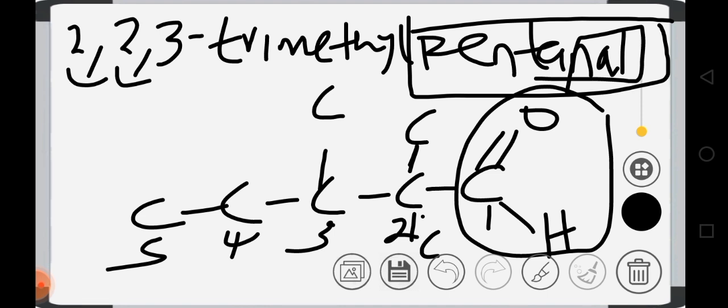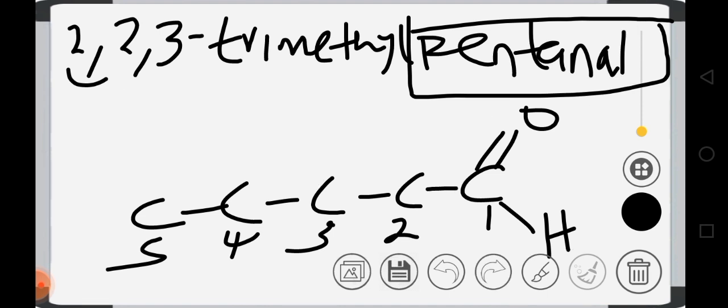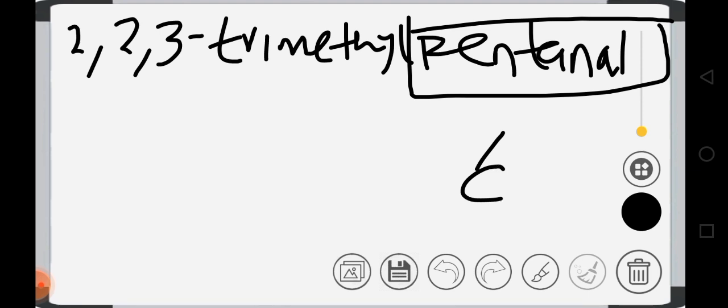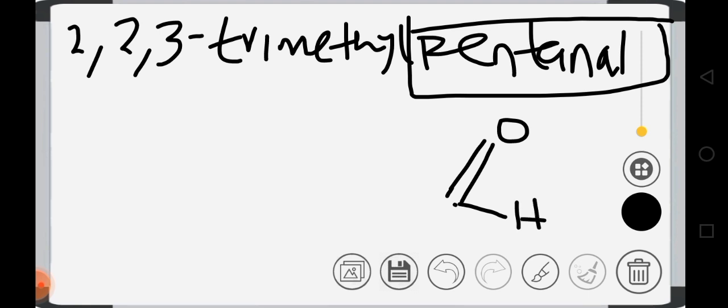You can also do it this way. It's also possible to draw it this way by using this line method. You just use 2 bonds for the double bond and indicate this oxygen, and use one bond and indicate this hydrogen.